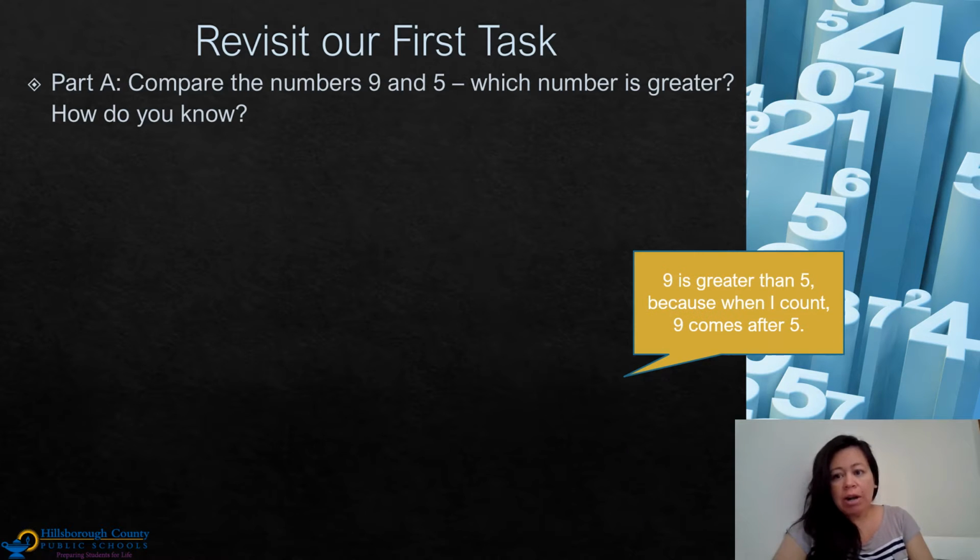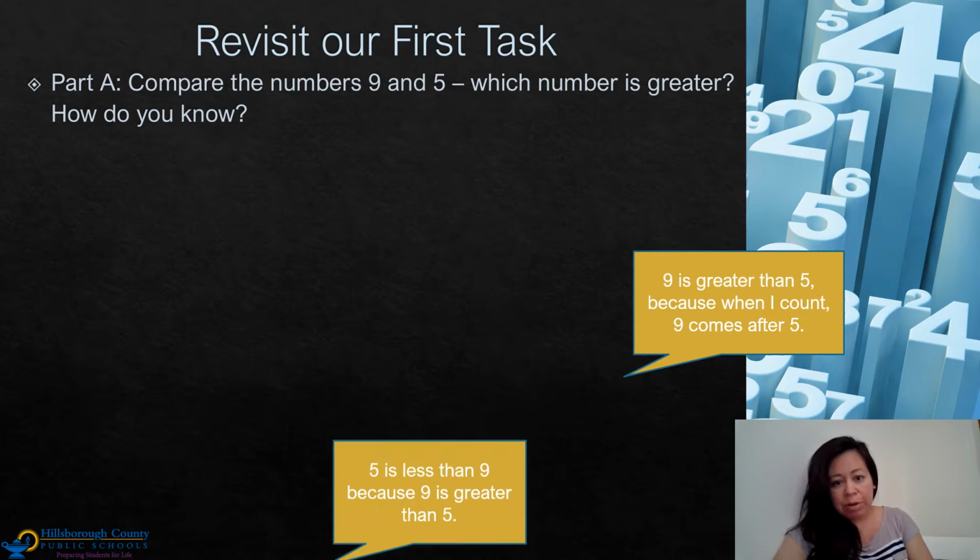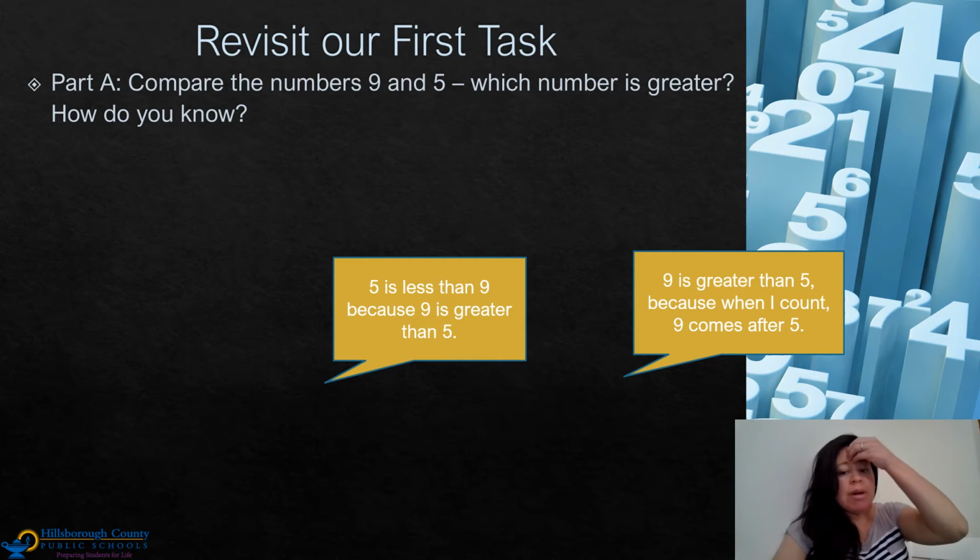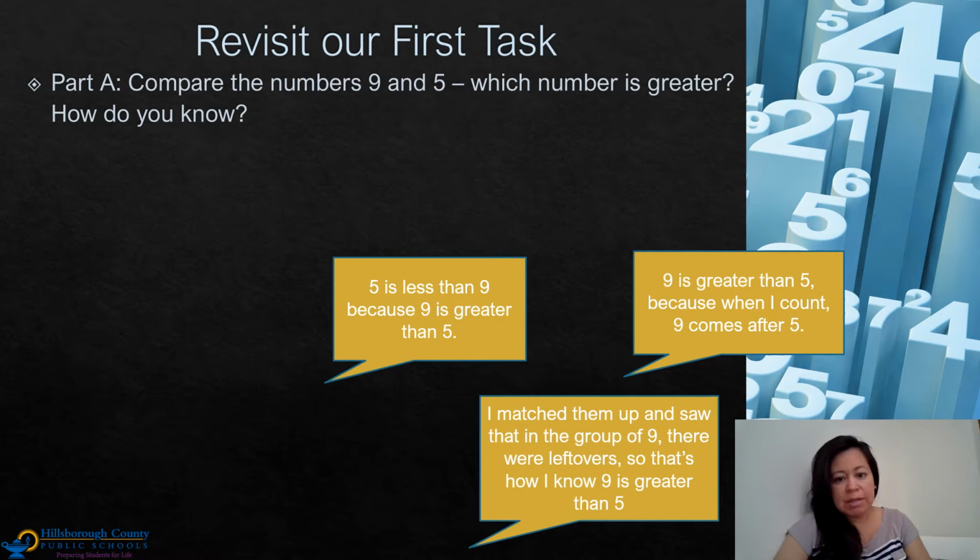So here are a couple that you might have come up with. 9 is greater than 5 because when I count, 9 comes after 5. That's very typical to hear from students. You also might hear 5 is less than 9 because 9 is greater than 5. And even though they're talking about how they know 5 is less, they're still bringing in that component that they understand that 9 is greater. So that's a great response as well.